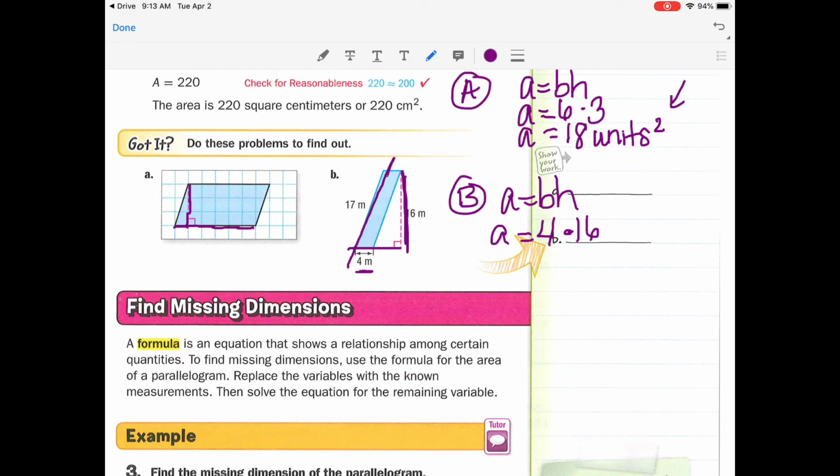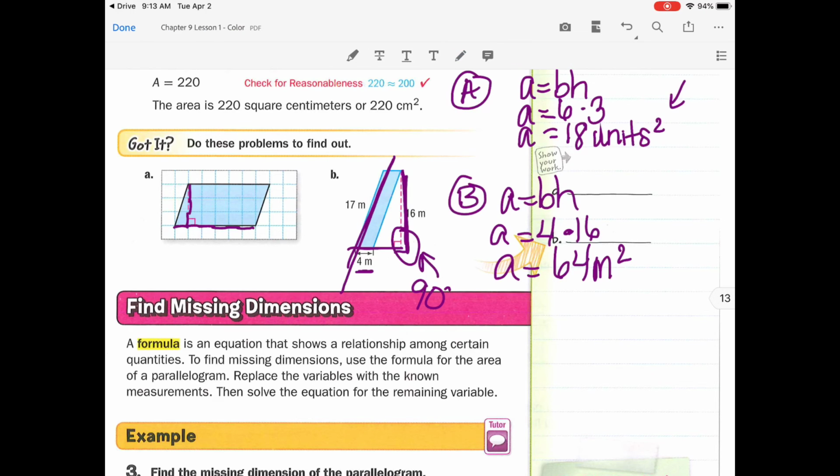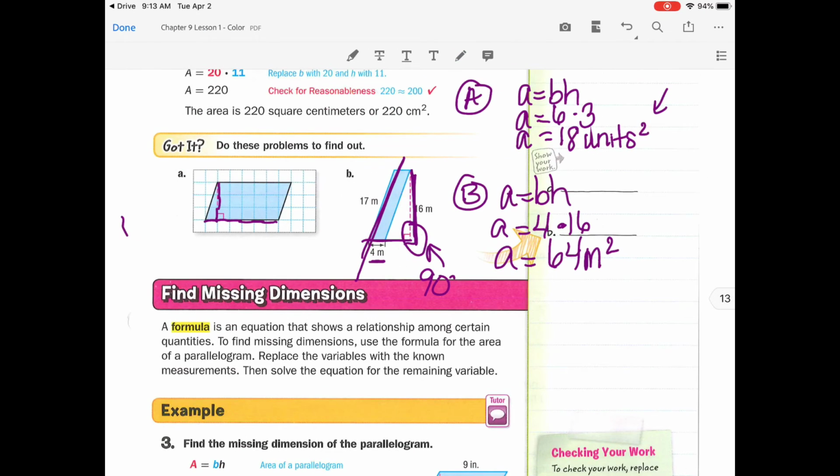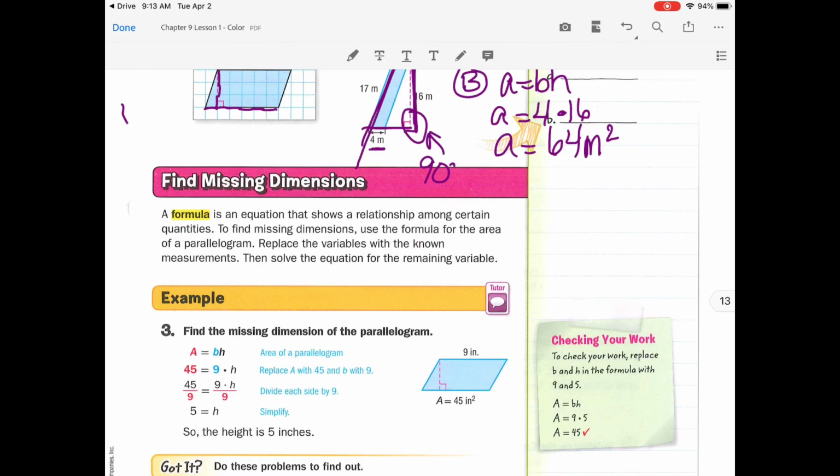Because if I were to keep going, look at what's happening. They have to be perpendicular, creating that 90-degree angle. You need that 90-degree angle. So I'm going to take 4 times 16. A equals 64. Let's look at the label, which is meters squared. Okay, pretty easy, right? All right, let's take a look at the next one.